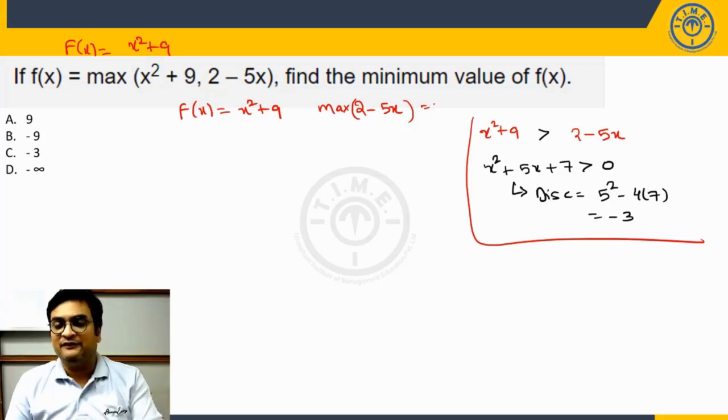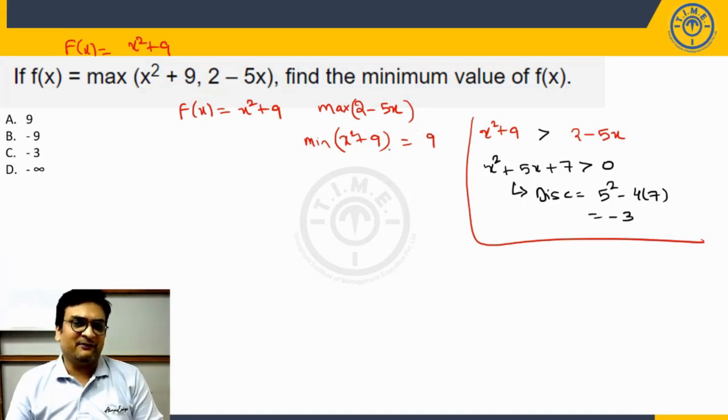So the maximum value when x is positive will be 2. However, whenever x is negative, this might take even higher values. And if you look at x square plus 9, the minimum value is when x equal to 0. It's going to be 9. The minimum value itself is 9.